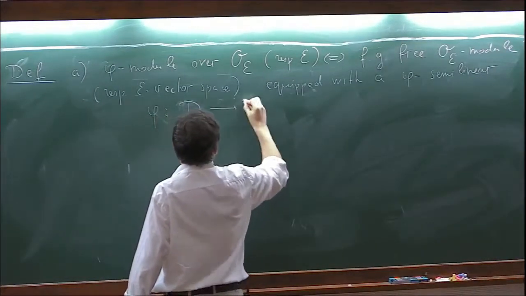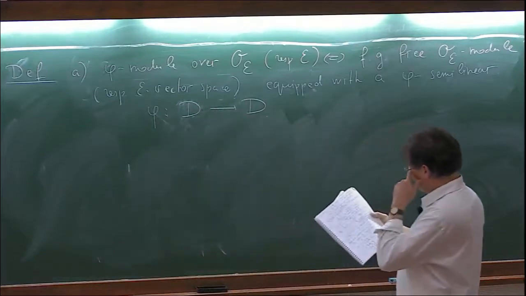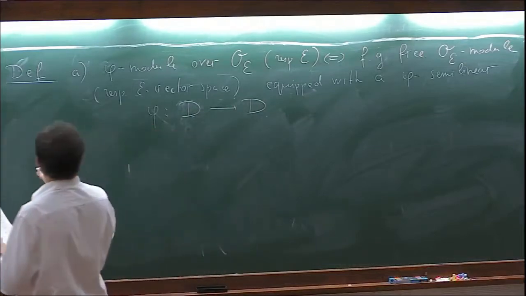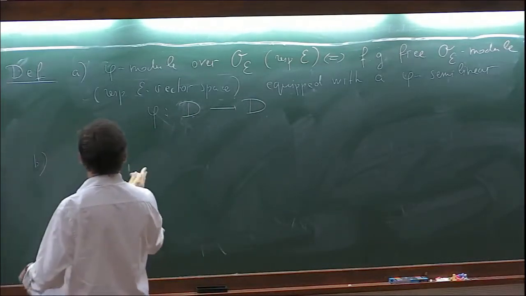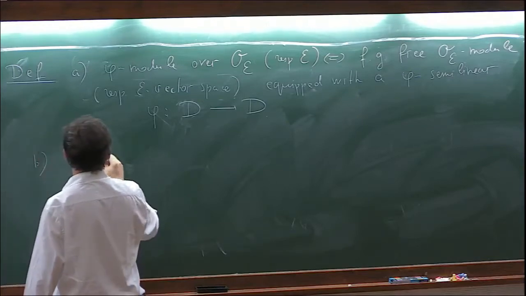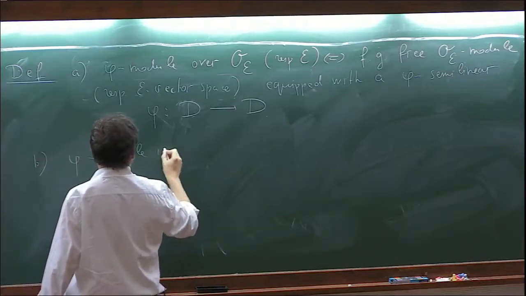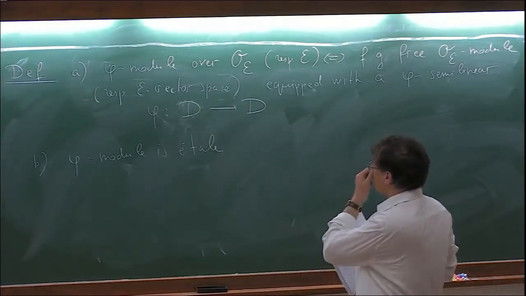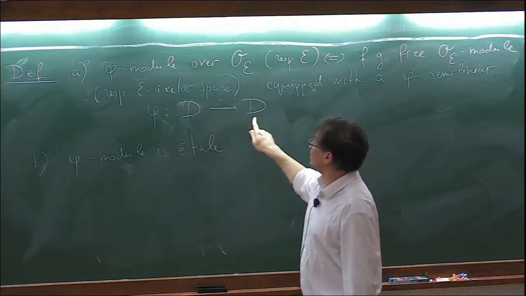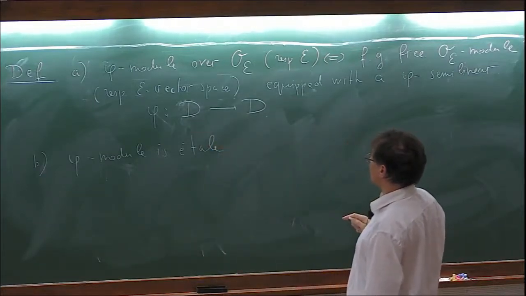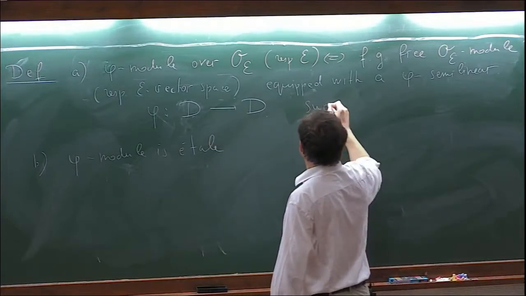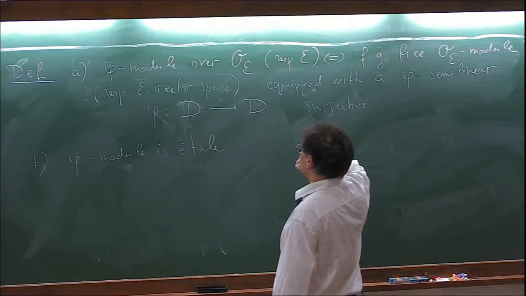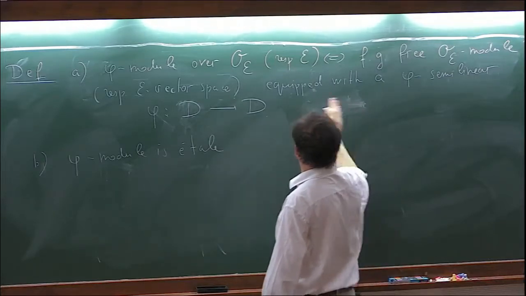Semilinear operator phi on D. And we will say that a phi module is étale. Maybe here I will immediately assume that phi is surjective. Even isomorphism.